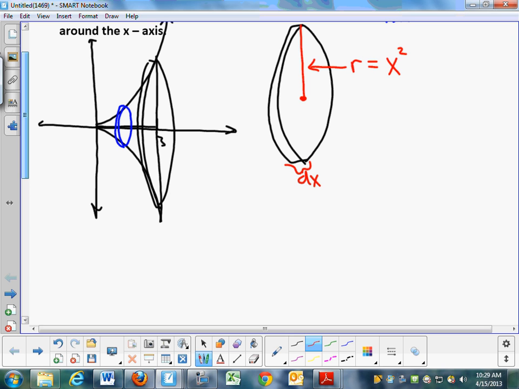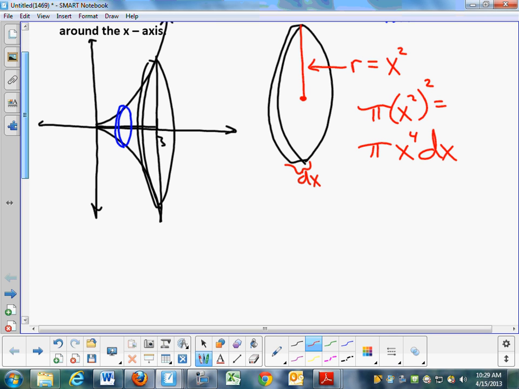What is the area of this circle? Good. If I want to figure out the volume of it, I still have to multiply it by its width, which is dx.